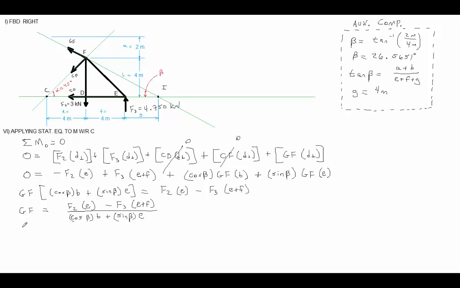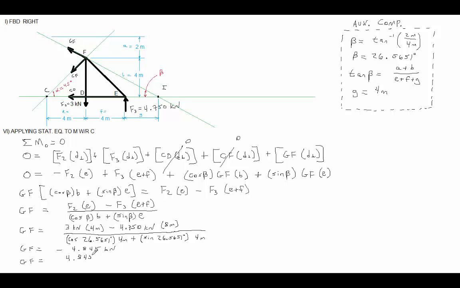Now we can plug our numbers in, and we'll find that GF equals a negative 4.845 kilonewtons. Since it's negative, it means it's going in the opposite direction that we have drawn it, which means that GF is 4.845 kilonewtons in compression.